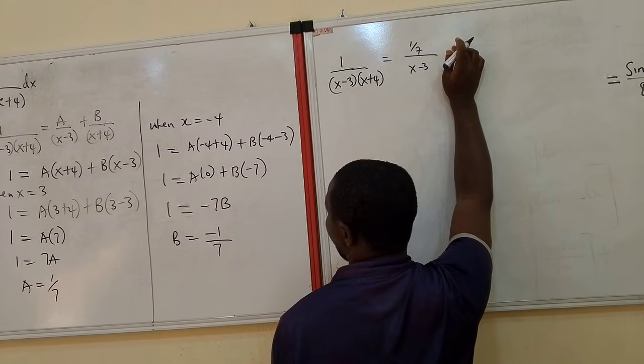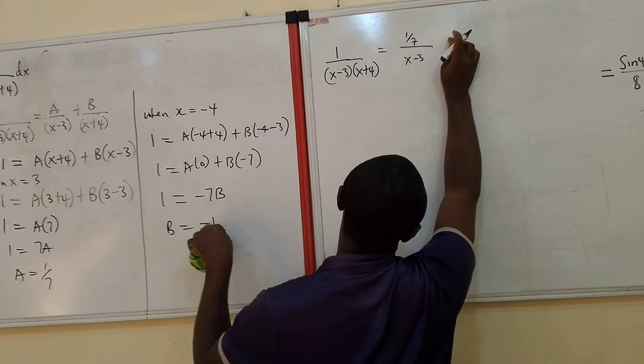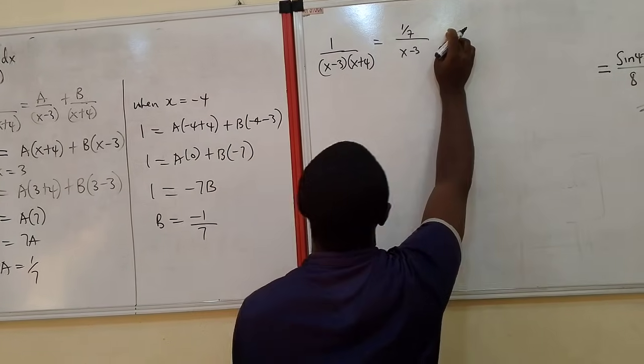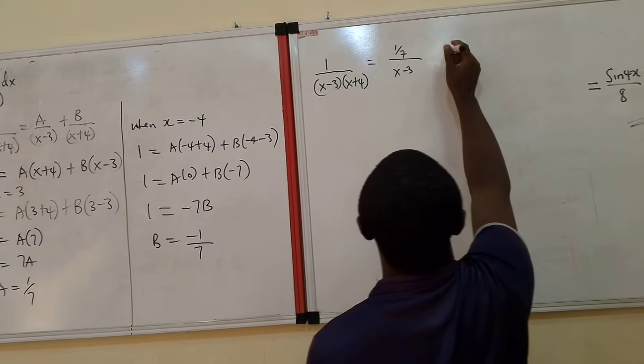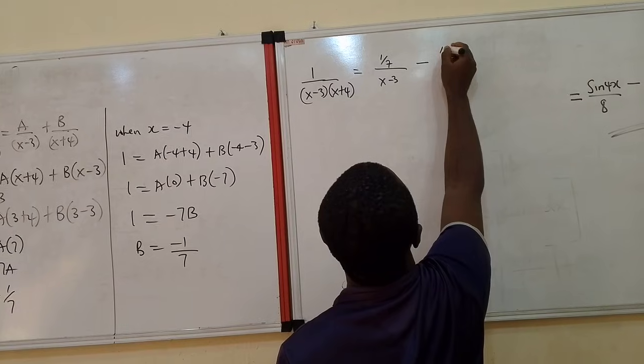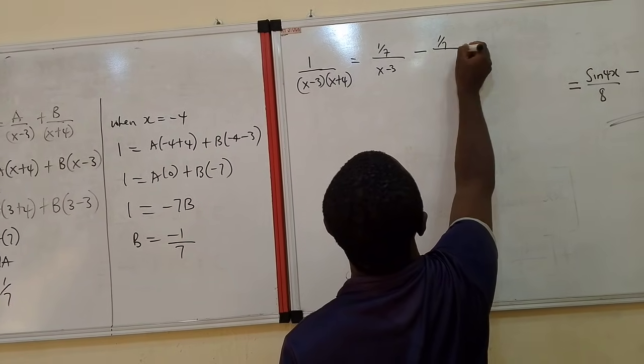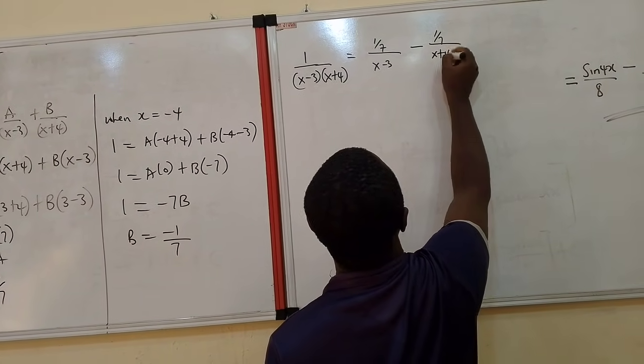Here I have plus, but b is a negative sign, so the minus sign, we change the positive sign there too. So I have minus 1 over 7 over x plus 4.